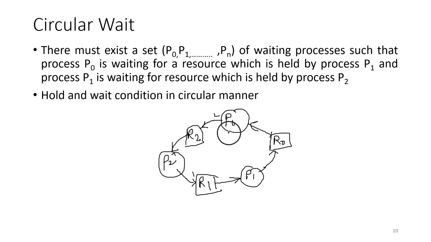Means every process is in a waiting condition and in a hold condition in a circular manner. So this is hold condition, this one is waiting condition, hold condition, waiting condition, hold condition, and waiting condition. So the waiting condition is there in a circular manner, that is known as circular wait condition.